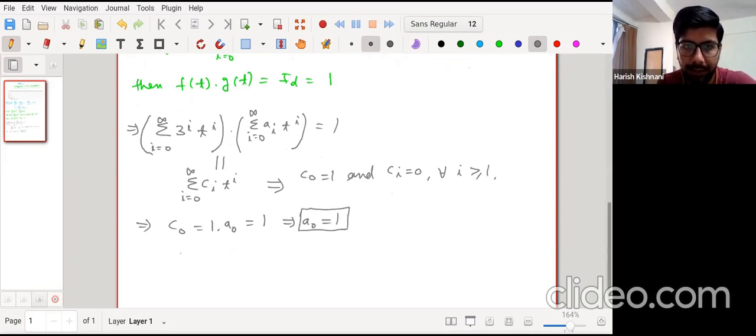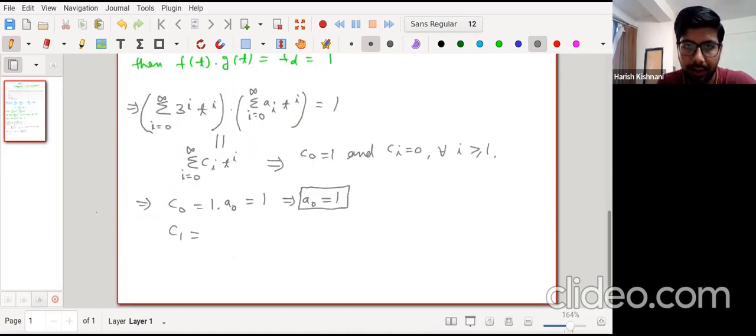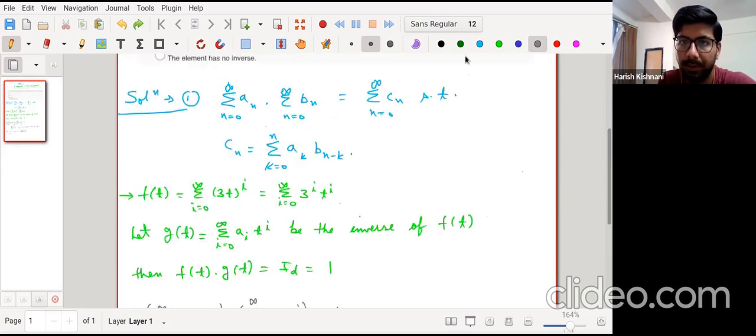Okay, now what is your c_1? Using this property, if you compare the coefficients, let me write some here. So c_0 is just a_0 b_0, c_1 is a_1 b_0 plus a_0 b_1, c_2 is a_2 b_0 plus a_1 b_1 plus a_0 b_2.